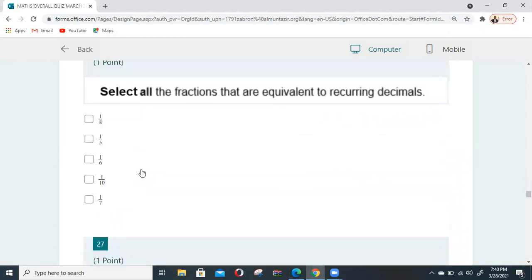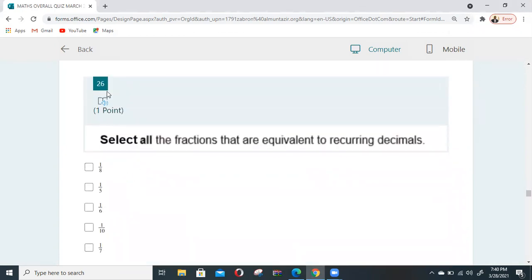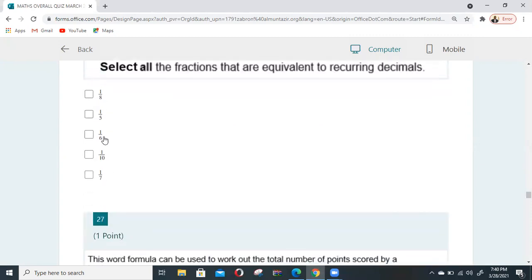Question number 26, I'm almost finishing. Select all the fractions that are equivalent to recurring decimals. When I say recurring decimals, I mean the decimals which repeat. We have 1/8, 1/5, 1/6. We just divide by long division method.